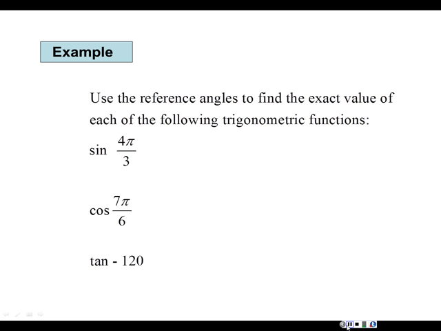So the answer must be negative, because it's falling in quadrant 3. Remember, when we are calculating the sign, we look at the original angle. We don't look at the reference angle. The original angle was here, right?